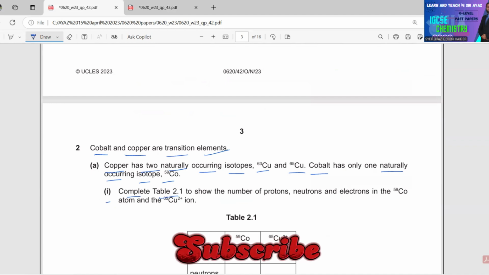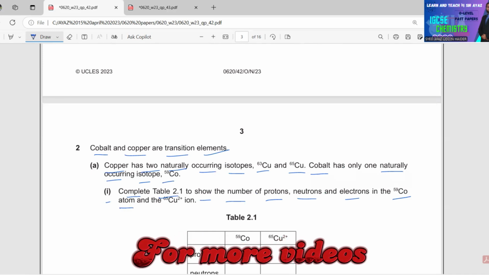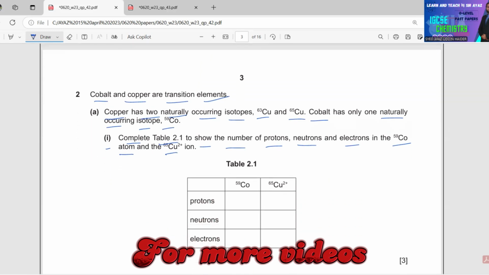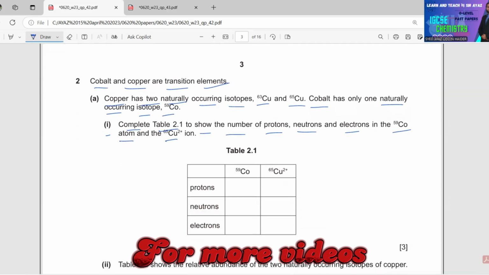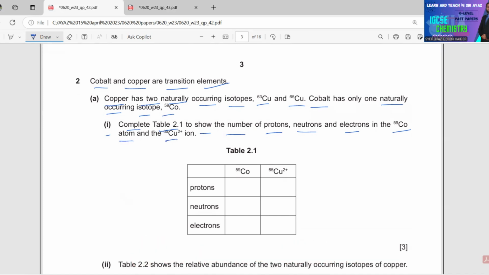Complete Table 2.1 to show the number of protons, neutrons, and electrons in the Co-59 atom and the Cu-65 2+ ion. For both of these elements, I need to look at their proton number in order to find the number of protons as well as electrons.